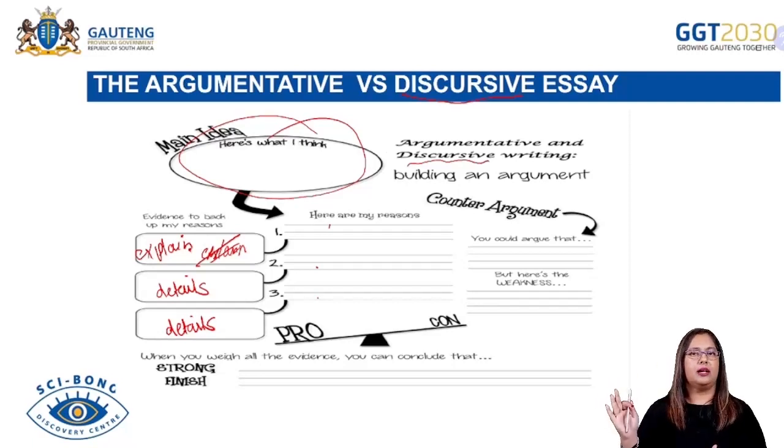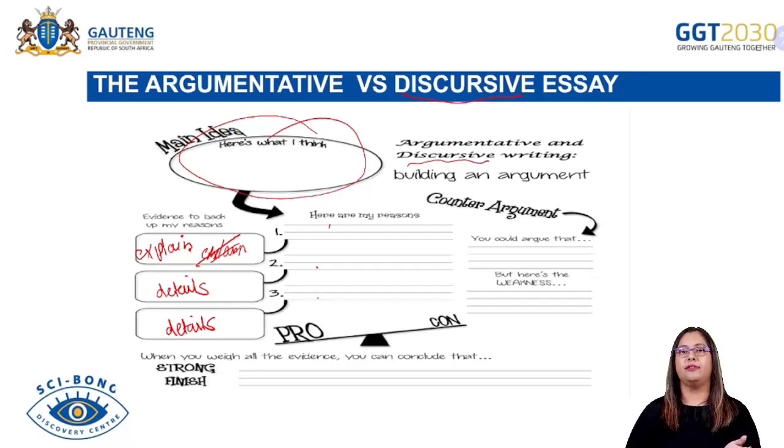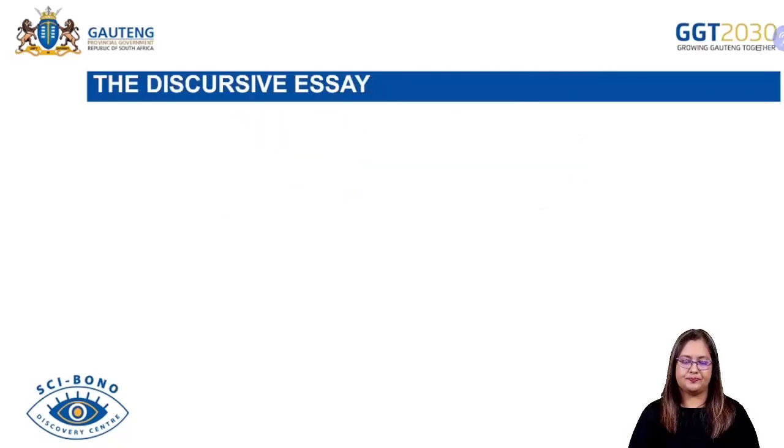If you find that the counter argument is maybe better than the one that you're having, then you can go that route. But please don't include both in the argumentative essay, because then it will obviously be what we call the discursive essay and not the argument.